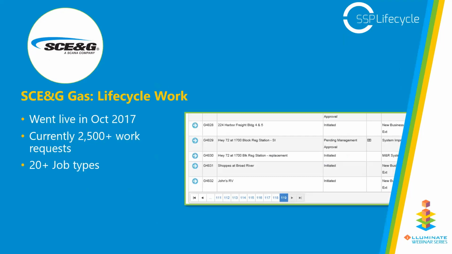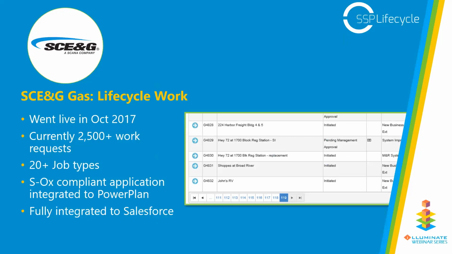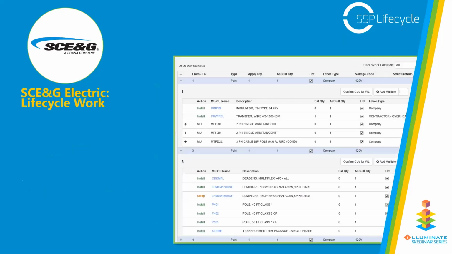So this is service requests, work orders, distribution integrity management, that sort of thing. And this is a fully SOX compliant application that's integrated with their power plant accounting system. And again, fully integrated with Salesforce. We've got a gas prospecting group that's going out there and signing up new customers.